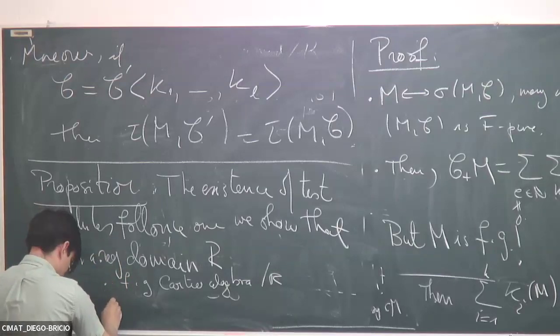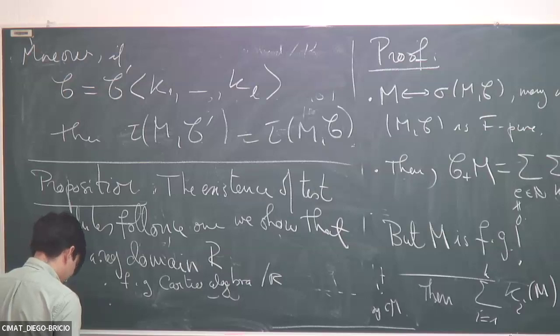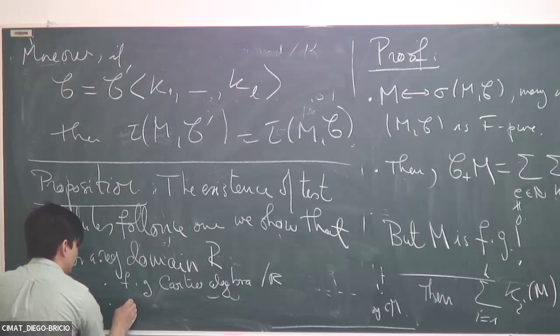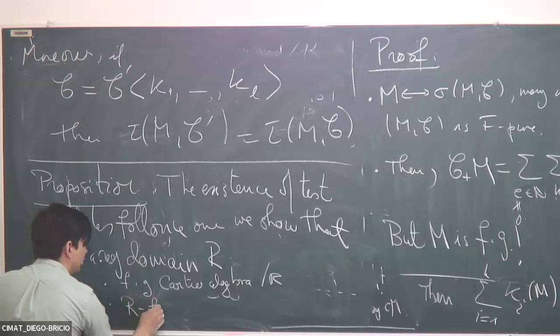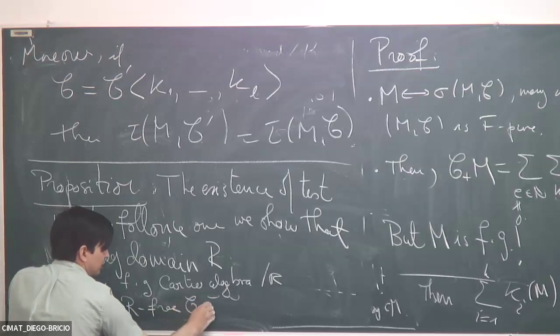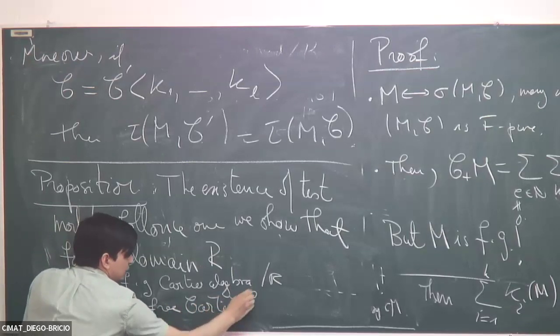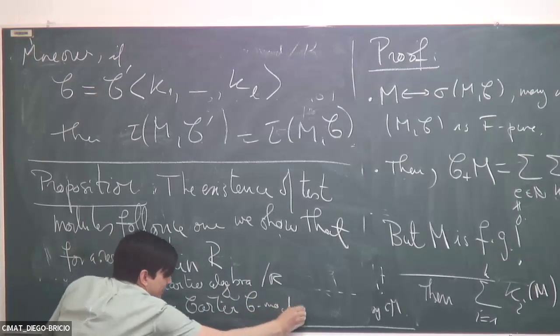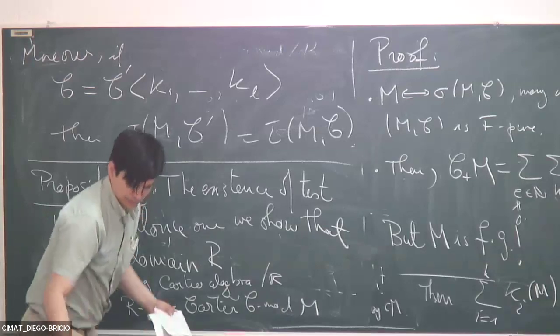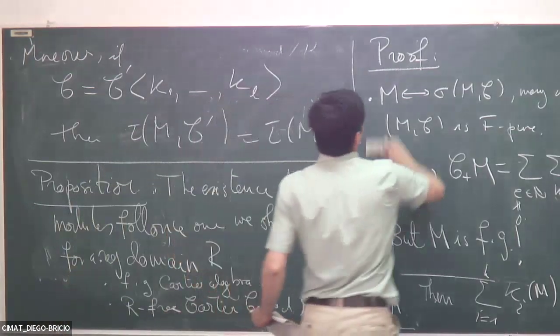Third, and free. So let's say R free is free as an R module. R free Cartier C module M. Okay.